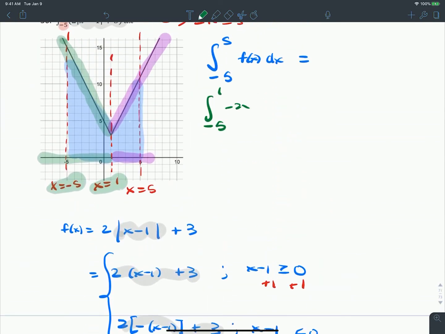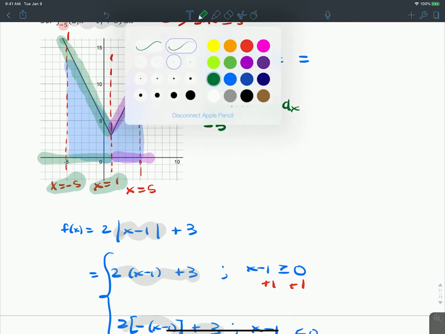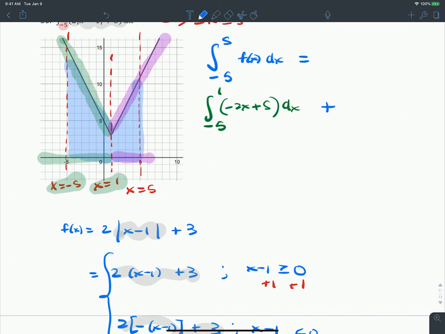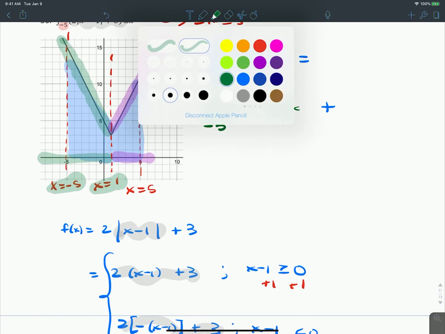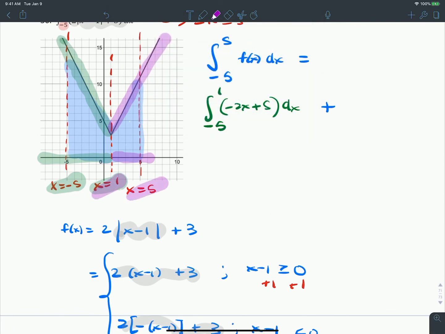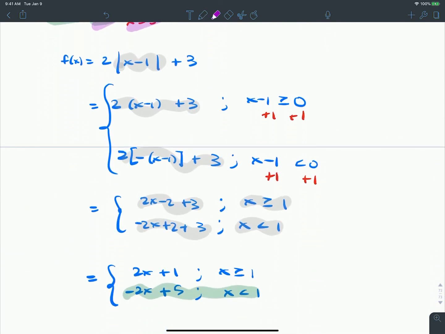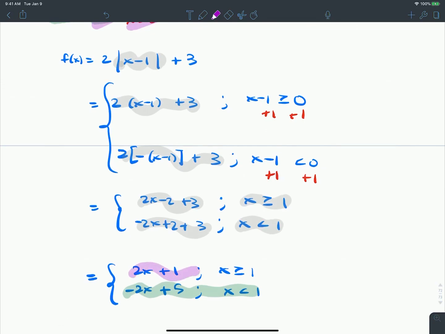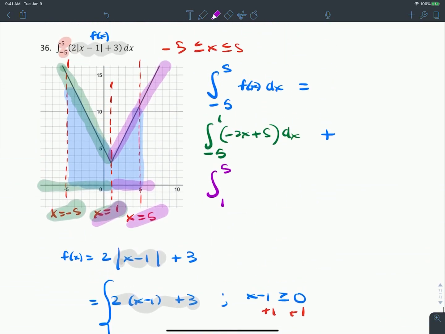So we have negative 2x plus 5. Plus, in purple, 1 to 5. And we're going to deal with the right portion here. 2x plus 1. So these are the integrals we have to perform here.